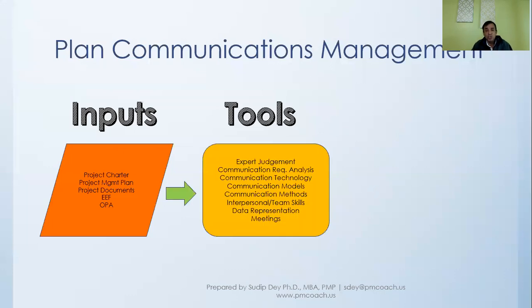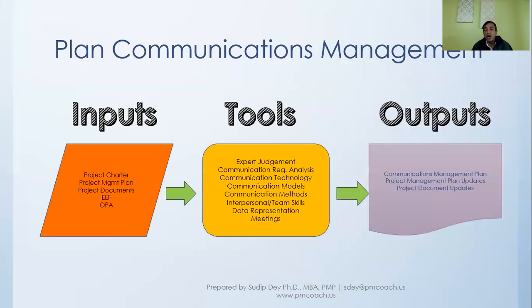The tools that we use in this particular process are quite varied, and we look at this as we go along. And then finally, the main output that we'll get is the communications management plan.